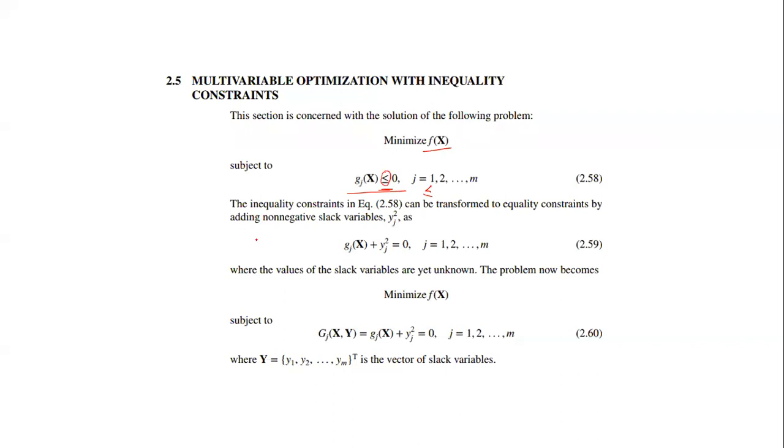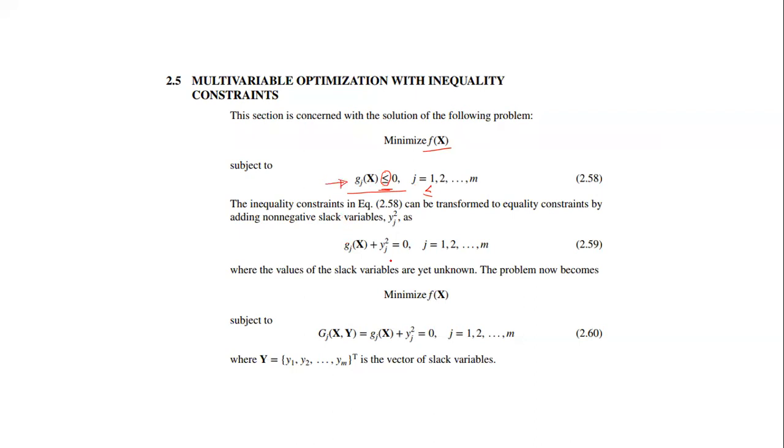Because of the inequality condition, we cannot apply the Lagrange formula. So if we want to use the same Lagrange formula, we have to somehow convert this inequality condition into an equality condition.